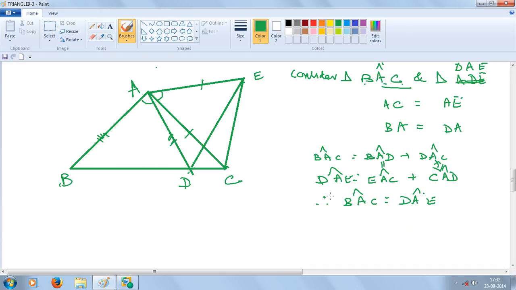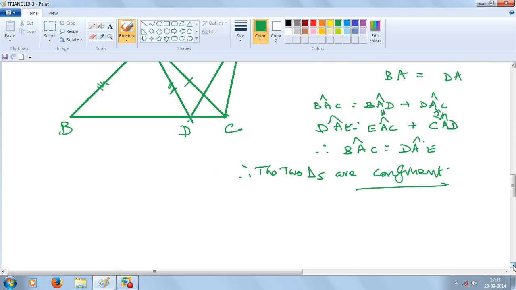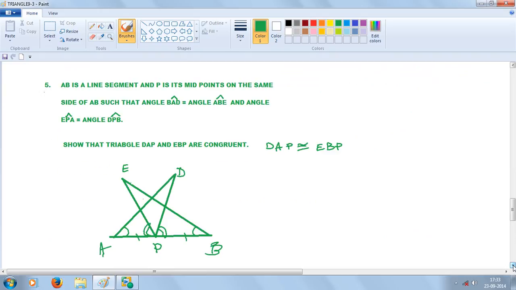Therefore, the two triangles are congruent. So we move to the next problem.